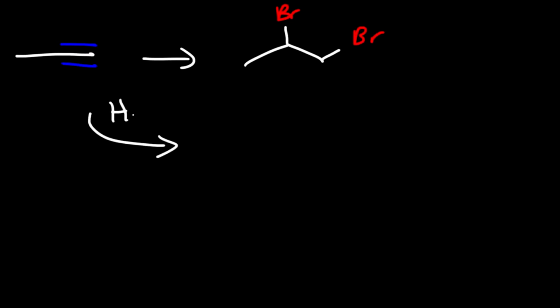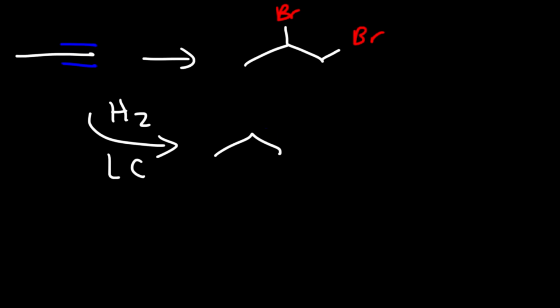Now let's go over one more example with this topic. So starting with this alkyne, how can we produce a vicinal dihalide where we have 2 halogens, but they're separated by a carbon atom? One way you can do this is we can use H2 and the Lindlar's catalyst to turn this into a double bond.